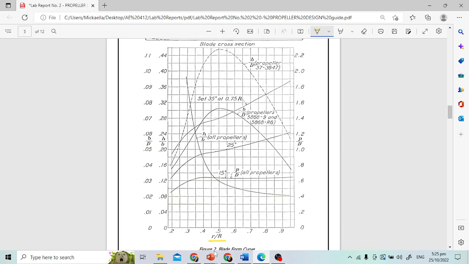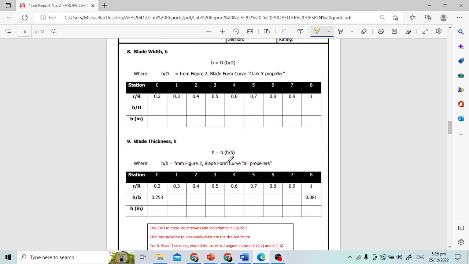Then, again, use CAD to get the distances per station. Okay. So, that's how you get your B over D. Kasi ito siya. Ito yung mga values niya. So, when you project it to the left, you would be able to get the value of your B over D.